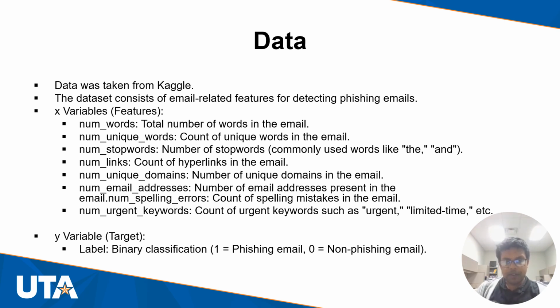And the final one is the count of urgent keywords such as urgent, limited time, etc. So urgent keywords are really a very good red flag for detecting phishing emails. And our Y variable, since this is a classification problem, is 1, which says that this is a phishing email, and 0 says no, it's not a phishing email, it's a good email.